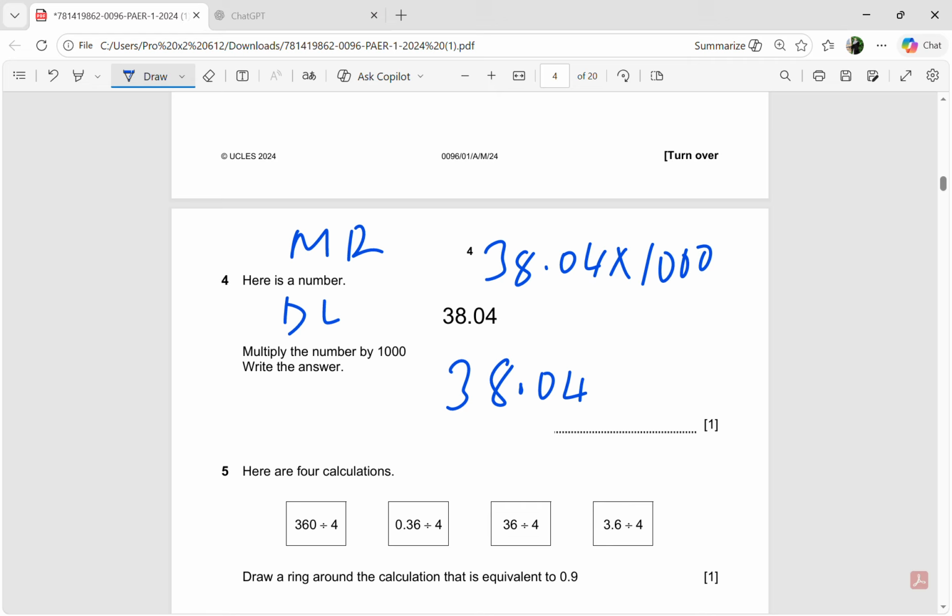The decimal goes to the right 3 times: 1, 2, 3. This is the new position of the decimal, and here we have nothing, so we can add a 0, and this becomes 38,040.0, or we can ignore the 0.0, and the answer becomes 38,040.